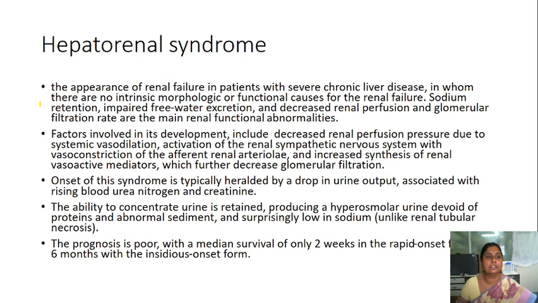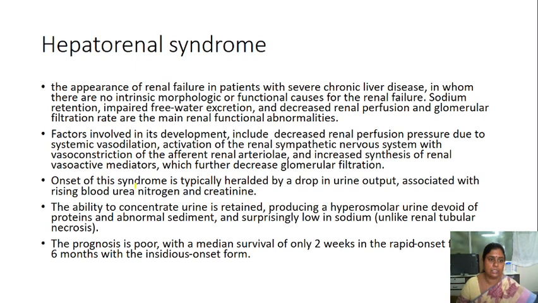This is because of the sodium retention and impaired free water excretion and decreased renal perfusion and glomerular filtration rate, which cause these functional abnormalities. Usually there is decreased renal perfusion because of systemic vasodilatation and activation of the renal sympathetic nervous system. And why is this? This is because of the decrease in the vascular volume, because of the shift of the fluid to the extravascular space.